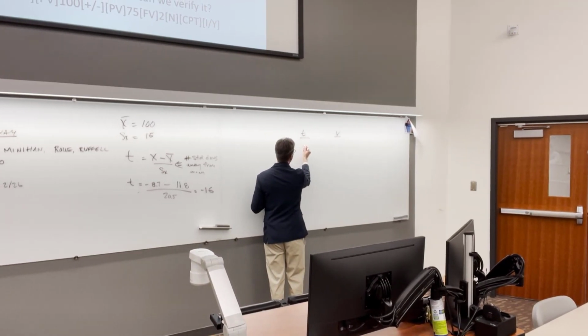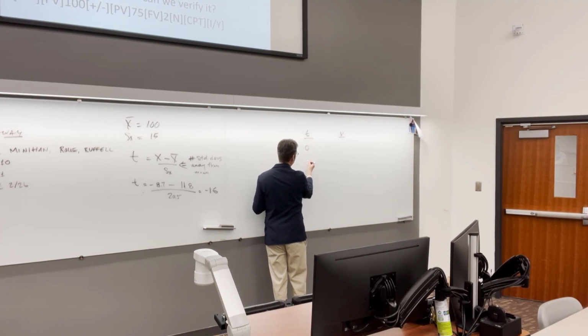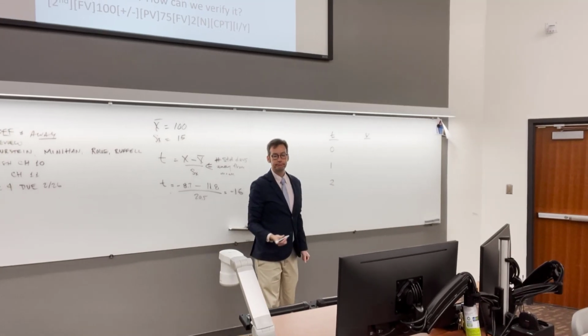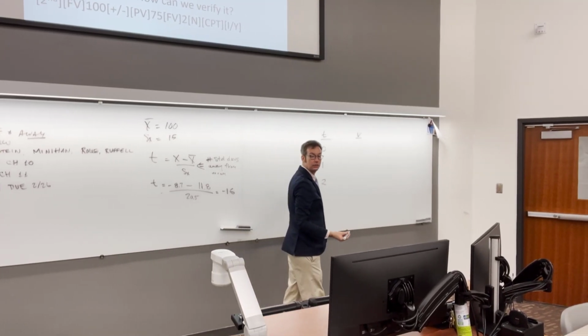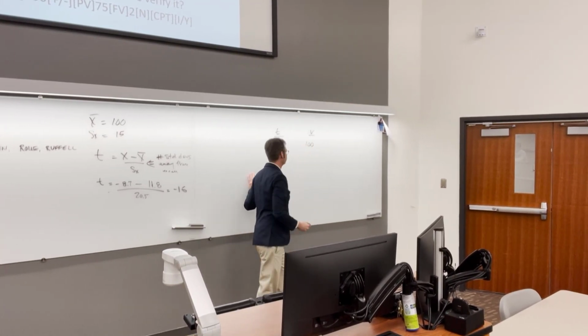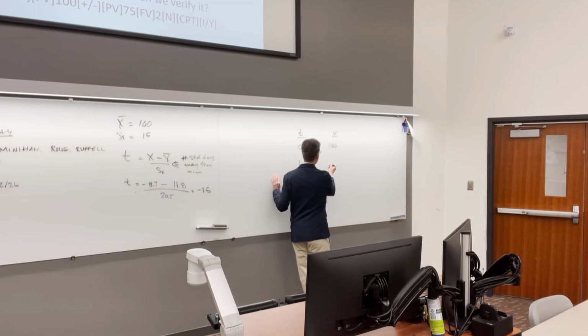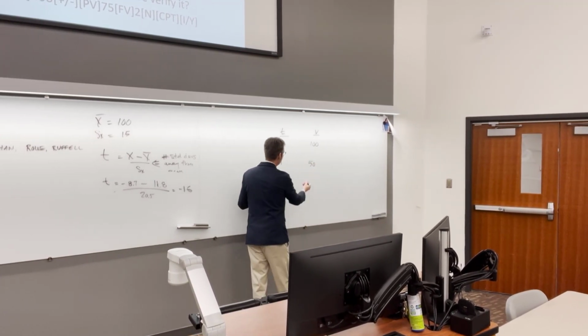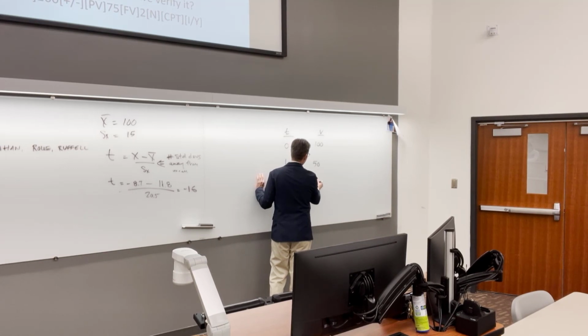We have a portfolio, and we are given values for it at time 0, 1, and 2. At time 0, it's worth 100. Time 1 is worth 50. And time 2, it's worth 75.